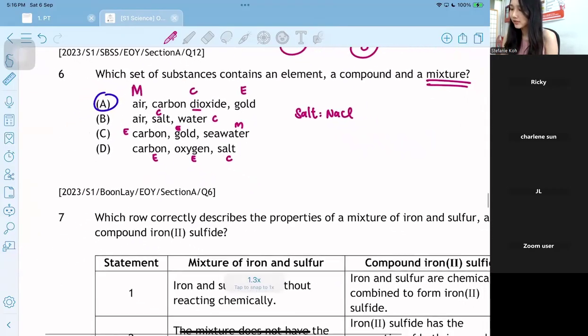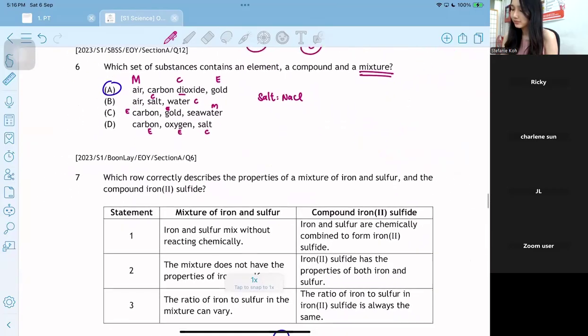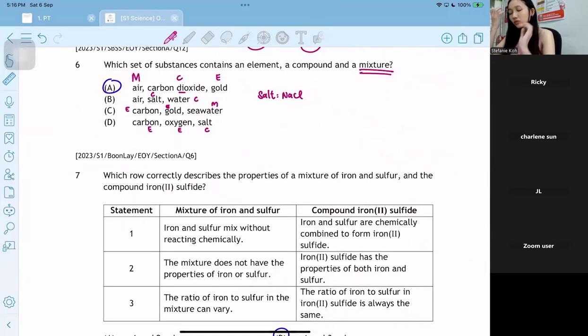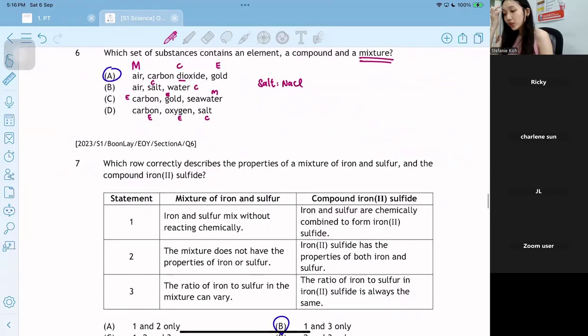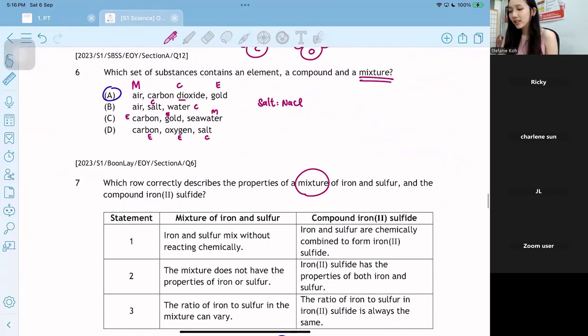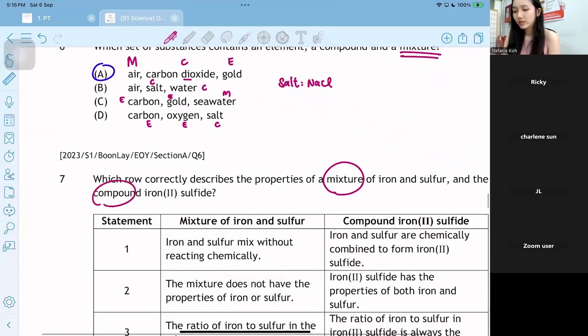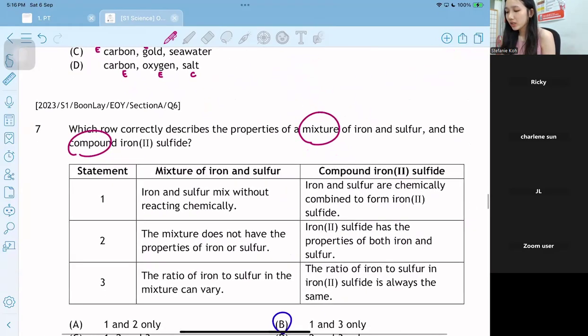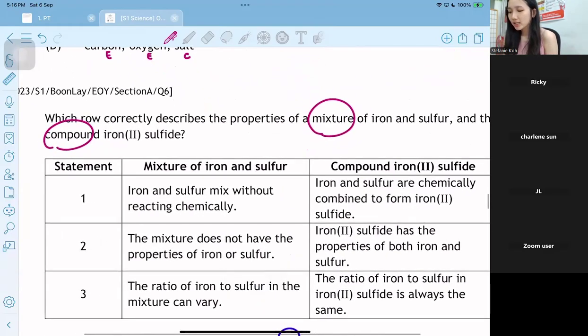Next is question 7. Mixture of iron and sulfur, and then we have a compound. So you see two different things they want you to compare. If it's a mixture, there is no chemical reaction.